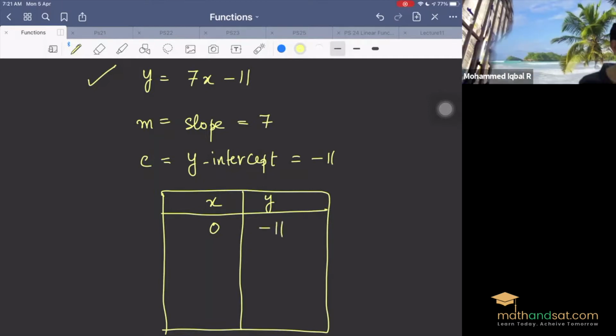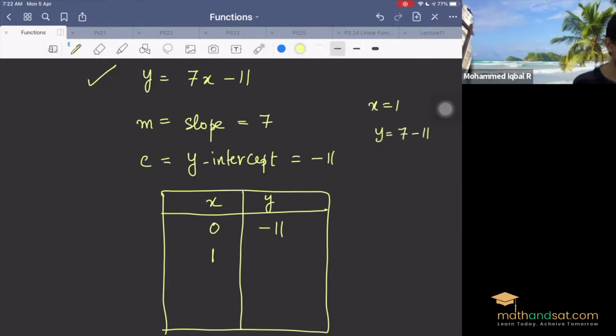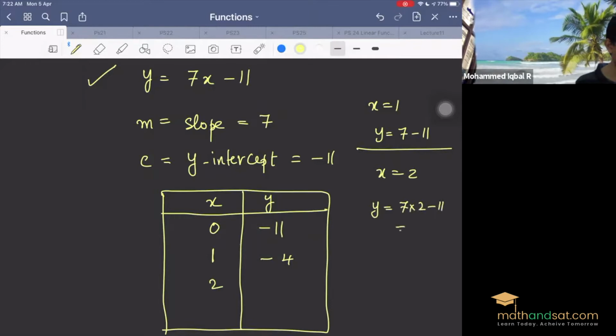Now, if I put x is equal to 1, your y value is going to be 7 minus 11, which is minus 4. Now, if you put x is equal to 2, the output is going to be y is equal to 7 times 2 minus 11, which is 14 minus 11, which is 3.